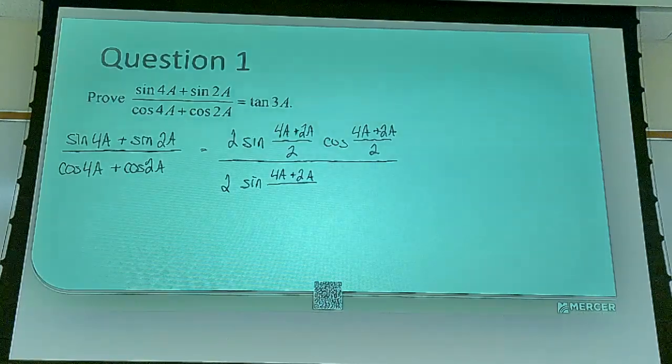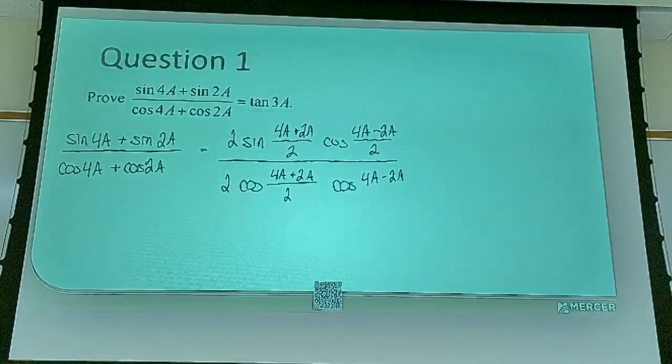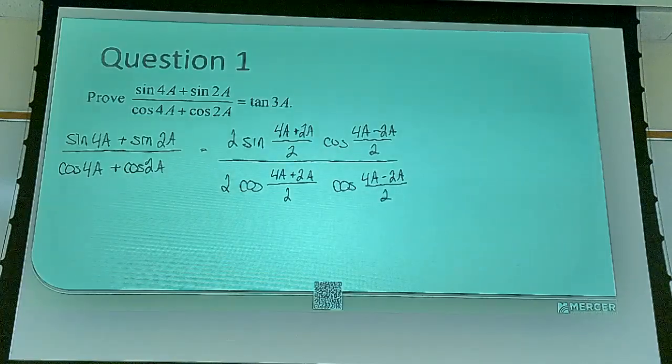That should be a plus. That one should be a minus. This should be a cosine. That's right. Cosine of 4a minus 2a over 2.